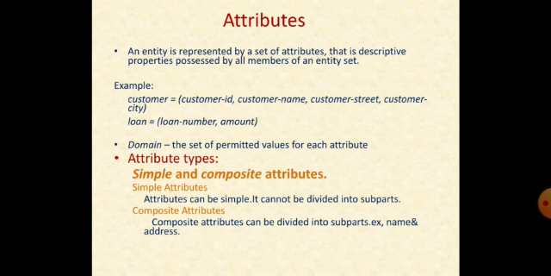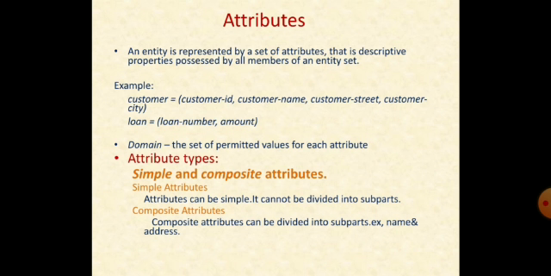The next topic is attributes. An entity is represented by a set of attributes. That is, each attribute has some descriptive properties. As we saw already, customer and loan are entity sets. These entity sets contain various attributes.